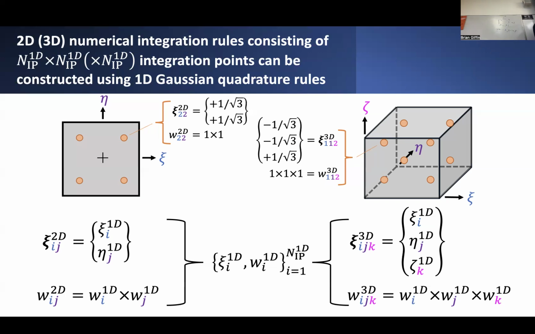So 1 by 1 gives us an area of 1 for the integration weight associated with each of these different integration points. And the same thing in 3 dimensions. Each one of the integration weights is equal, and it's just equal to 1 octant of this bi-unit cube. So in other words, 1 times 1 times 1 for each one of the different edges.